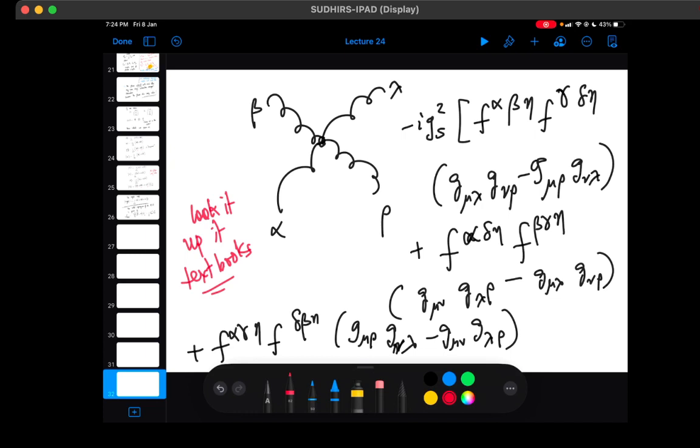Okay, so we'll stop here, and maybe in the next lecture we'll look into it in greater detail, and then we'll also do asymptotic potential things. Maybe in one or two lectures we'll try to finish QCD. Okay, I'll stop here.